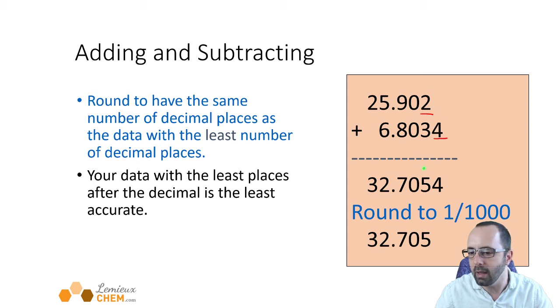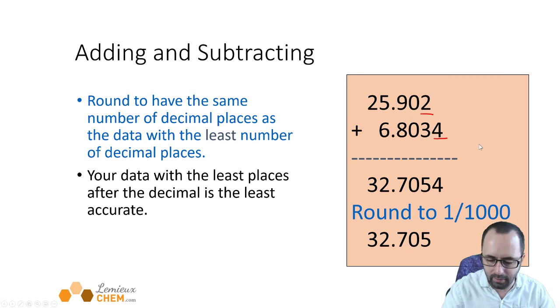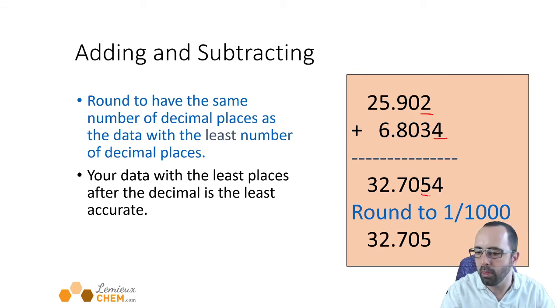We're rounding right here where the 2 is, not where the 4 is. So my last sig fig is going to be right here, 3 after the decimal, the same spot where the 2 is. That's my last sig fig. Since this is a 4, I round this down, which means I leave the 5 as is, and I get 32.705.